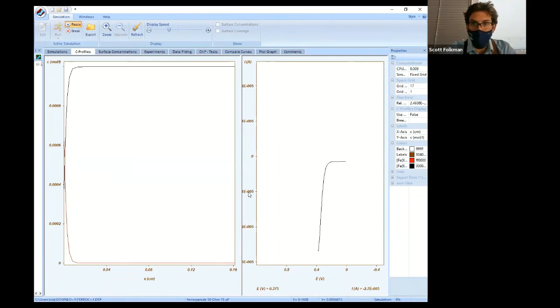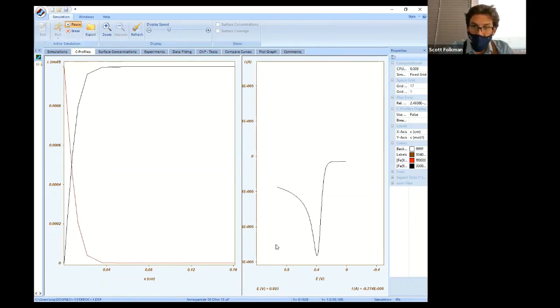Continuing forward, we see the current continues to go up past where the E1/2 is. We can see now we've moved even past halfway, the meeting point of these two concentration profiles. At this point, this now looks like what we might expect from a potential step experiment, where all of the iron 2+ that contacts the electrode is instantaneously oxidized to iron 3+ and then diffuses away.